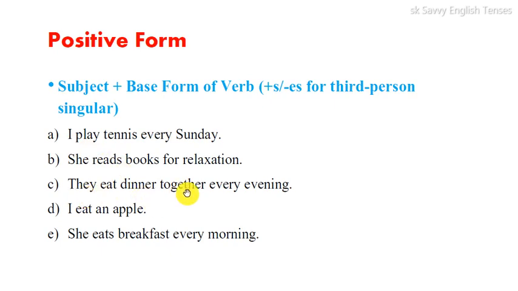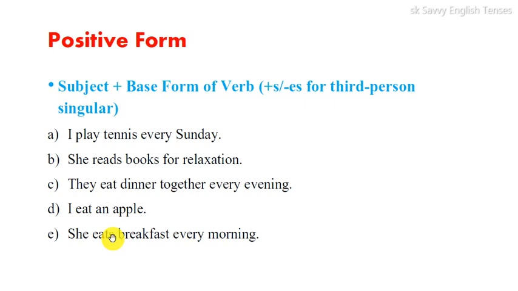They eat dinner together every evening. I eat an apple. She eats breakfast every morning. So with the third person singular pronouns, we have s or es added to the main verb. For example, she reads books and she eats breakfast, or we can say he eats breakfast.